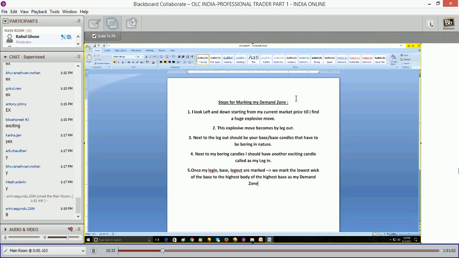Please note, in Strix, when we are looking for the explosive move in price in step 1, we are not allowed to cut candles.